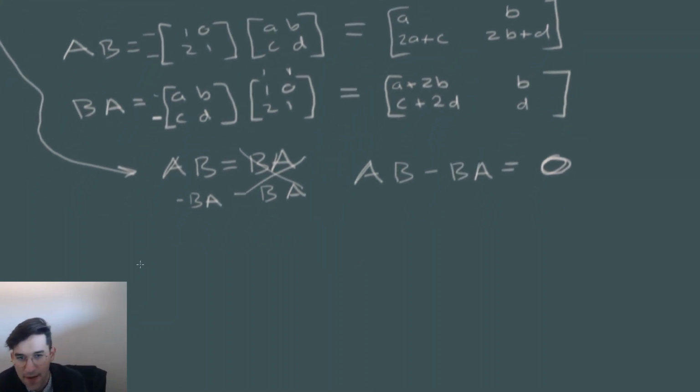So let's just take the two matrices. Do I want to write it all out? It's probably better if I do. A, B, 2A plus C, C plus 2D, D. I notice that if I don't write it all out, then I can make a mistake.